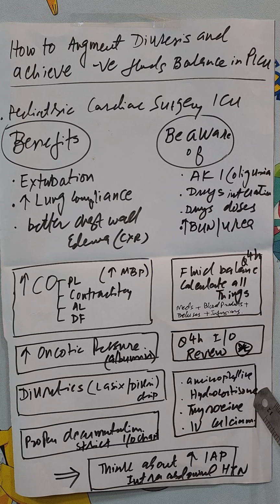And you have to work with the drugs which can improve your vascular tone and end up with a better mean arterial pressure, like hydrocortisone, thyroxine or IV calcium gluconate, case to case.